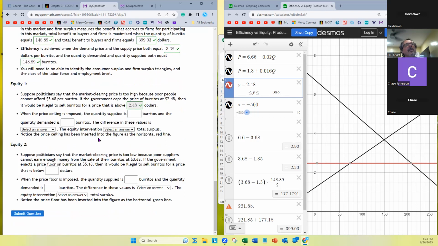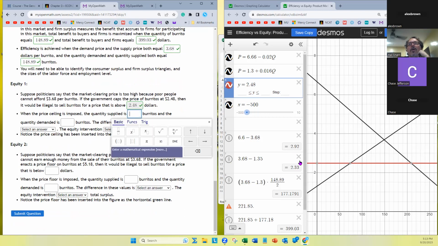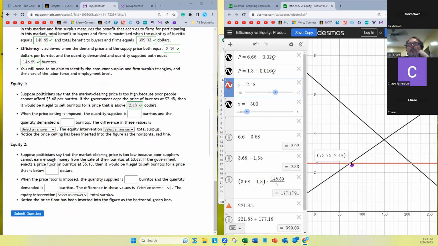Okay, now what happened in this situation? When the price ceiling is imposed, what is the quantity supplied? Well, what is this right here? The intersection of the price cap and the supply curve is the quantity supplied, right?